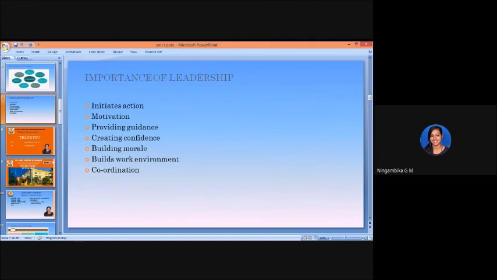Next one, building morale. So morale always talks about trust. Between the subordinates and an employer, there should always be a good rapport. It's nothing but a kind of understanding between them. Then only can trust be considered. When a leader can trust the subordinates, the subordinates in turn trust the leader. It is vice versa.